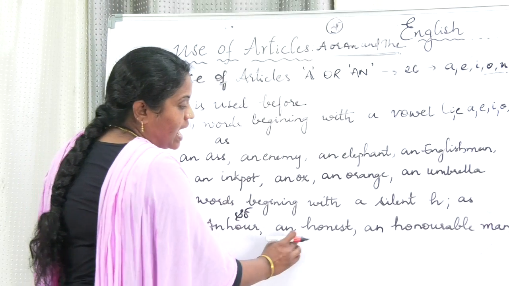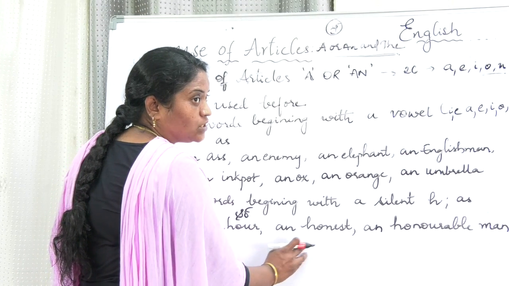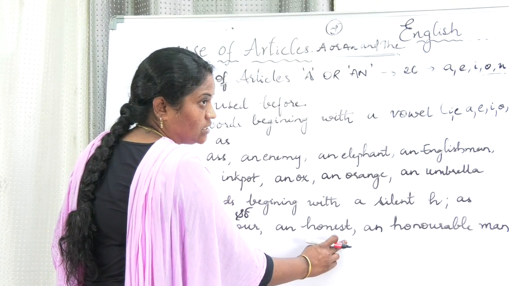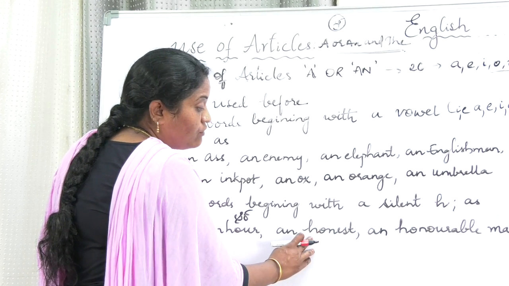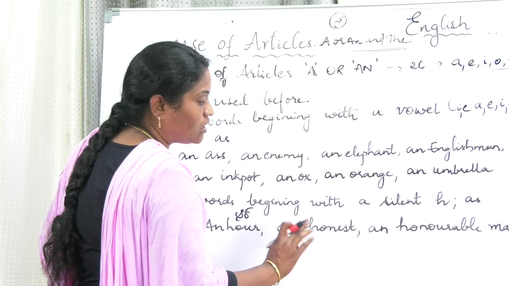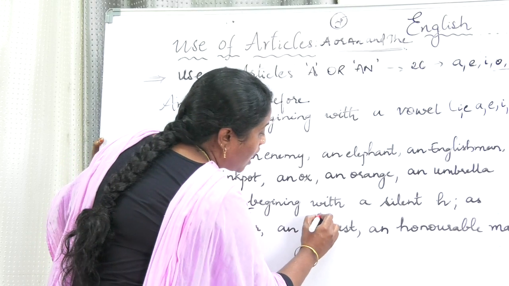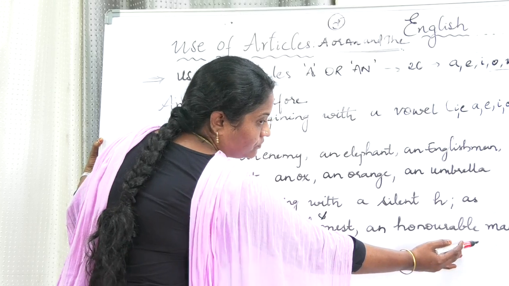In the same way, an honest. It is not "a honest"; we have to write it as an honest. Why? Because we are pronouncing it as "onest", not "honest". In the same way, an honorable man.